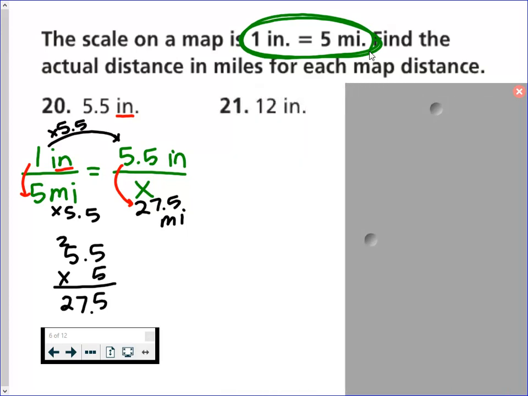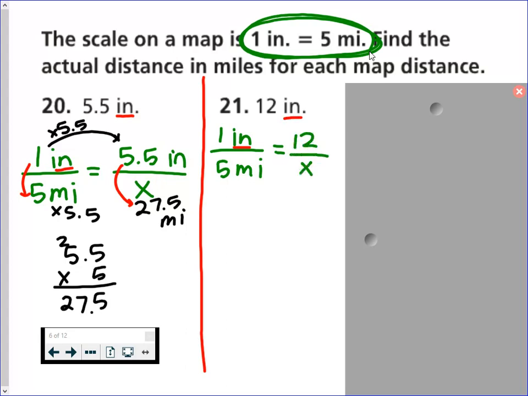Next one is 12 inches. Go ahead, give it a try. Yesterday there wasn't a ton of scale factor.